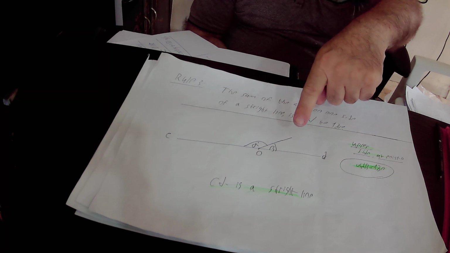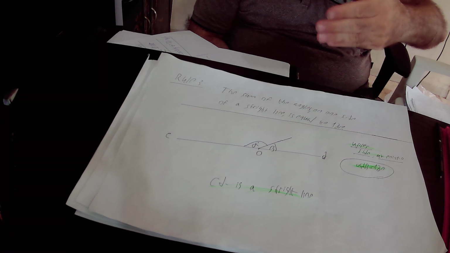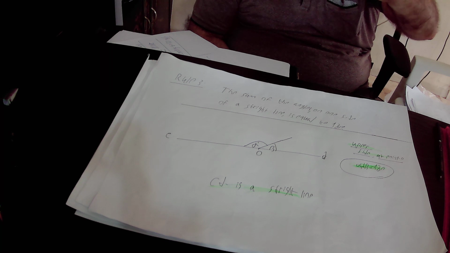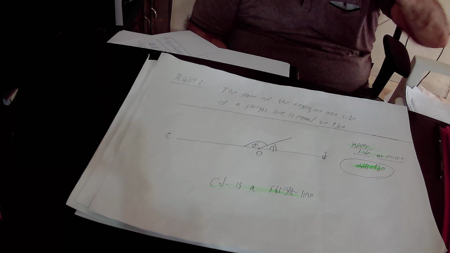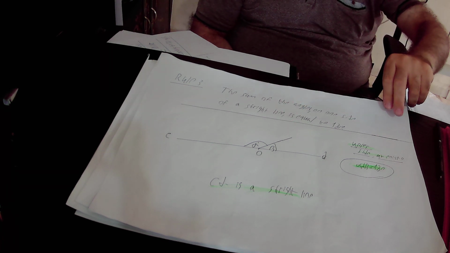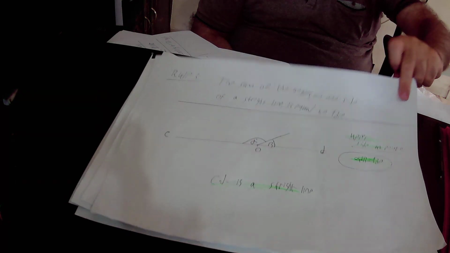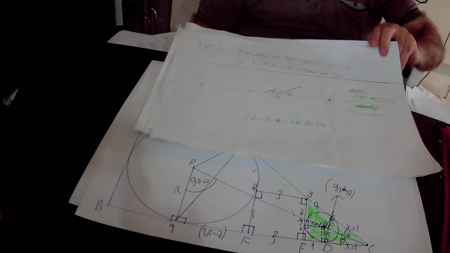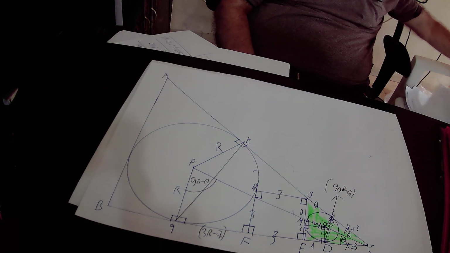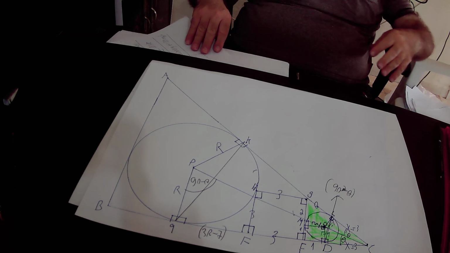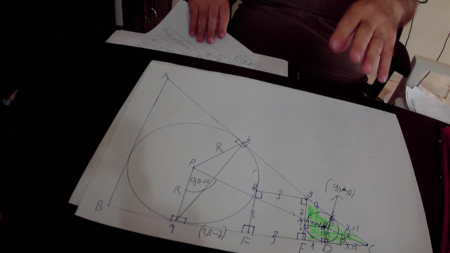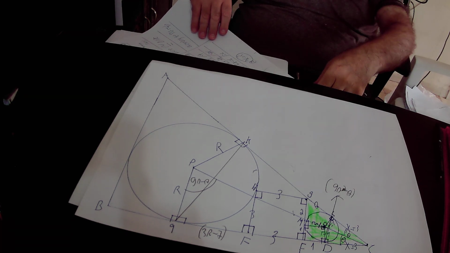We have angle alpha and angle beta, and the sum of those two angles must be equal to 180 degrees. That is to say, alpha plus beta must be equal to 180 degrees. Okay. So here we arrive at this formula by using the three rules.